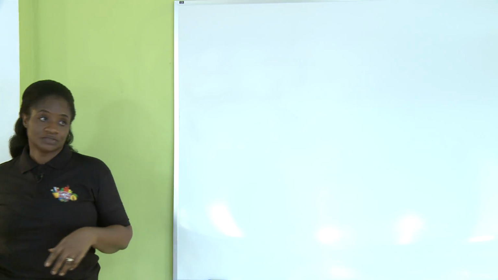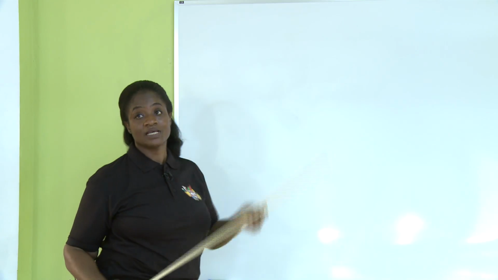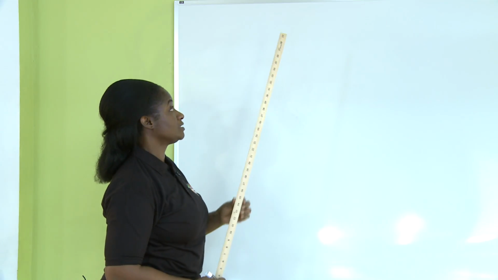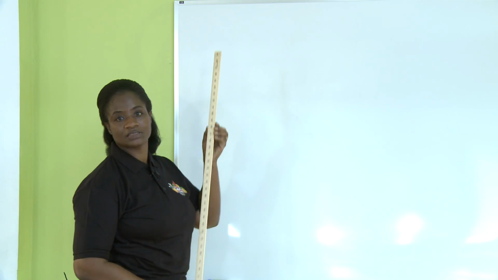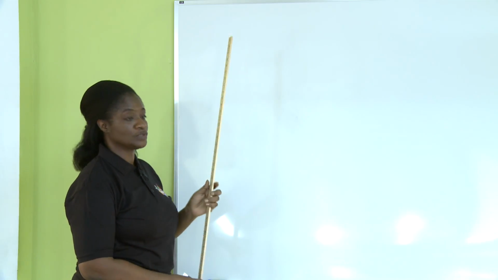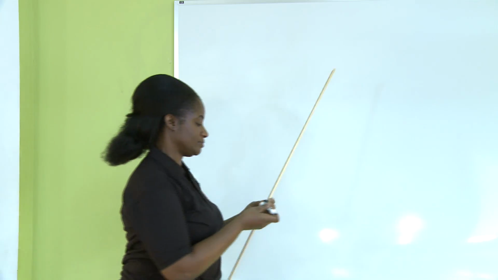At this point, we are going to graph some linear equations, first on our Cartesian planes, then in our graphing calculator program. Let's begin. I would like you to get your ruler, and we're going to design a Cartesian plane somewhere in the middle of your notebook. Follow me.